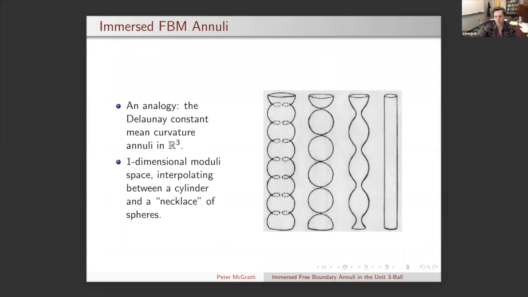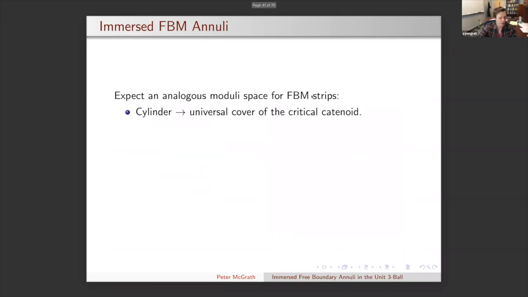And so this is kind of a motivating principle for an analogy between these objects and the one parameter family of moduli of immersed free boundary annuli that we expect. So we expect a similar moduli space, a one parameter space of immersions, free boundary minimal immersions of complete strips.